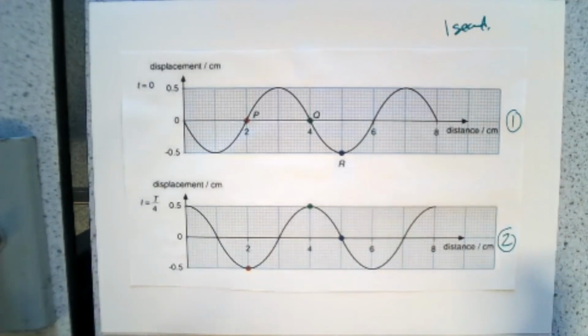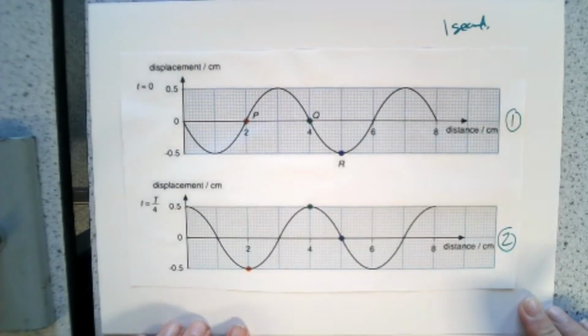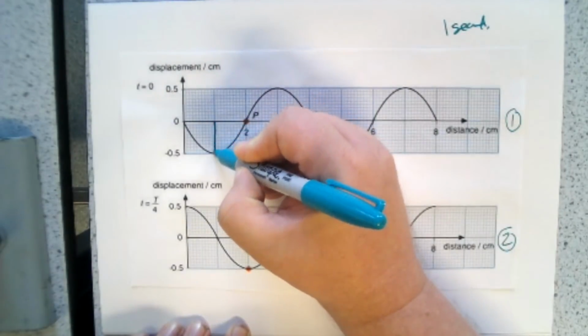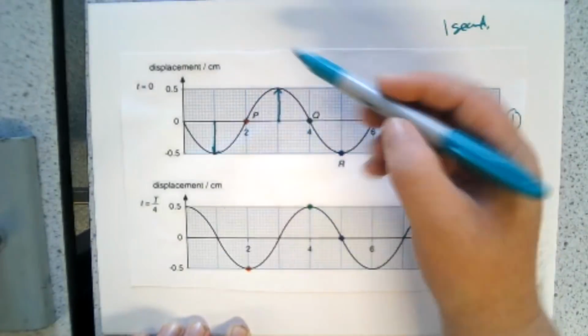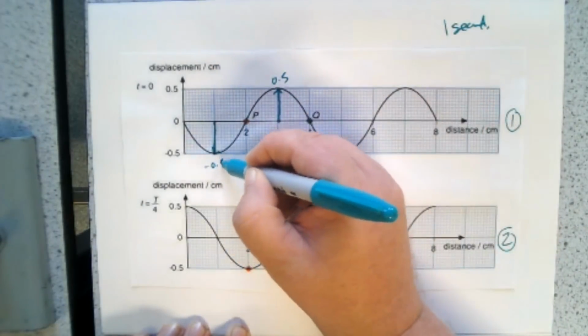So let's think about using the diagram to work out some of those key things that we've just looked at. Let's work out the wavelength, and let's work out the amplitude, and let's work out the frequency. So the first thing that I'm going to do is look at the amplitude of wave 1. And I can see that the amplitude of wave 1 is 0.5, minus 0.5.